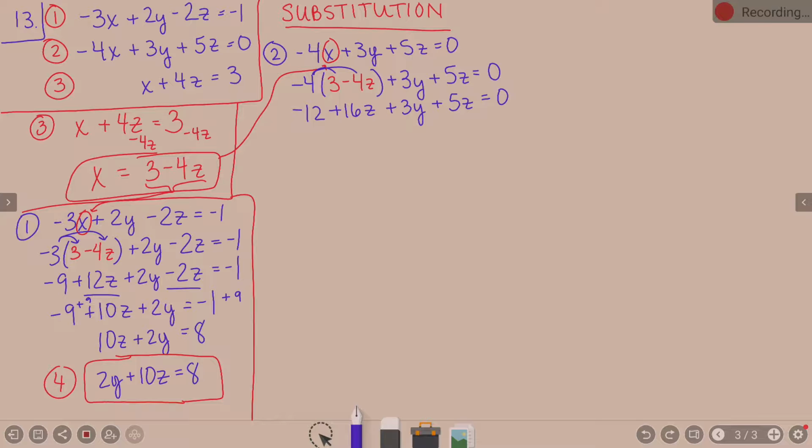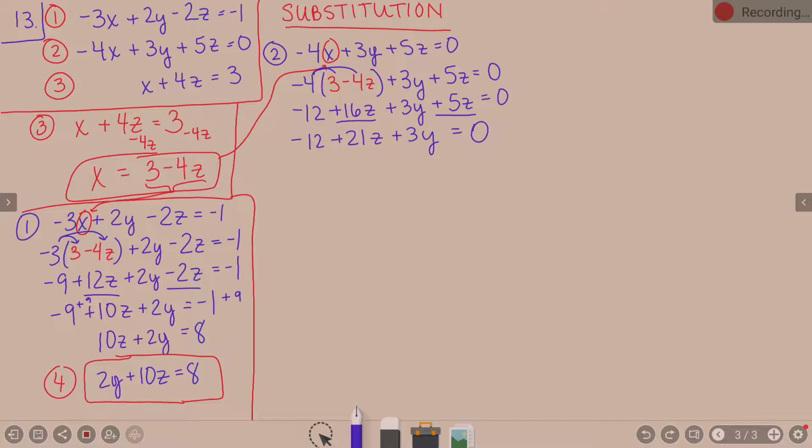What things would you like me to do? Okay. We combine like terms. I see 16z and 5z. 16z and 5z is going to be 21z. So we still have negative 12 plus 21z. We still have 3y equals 0.